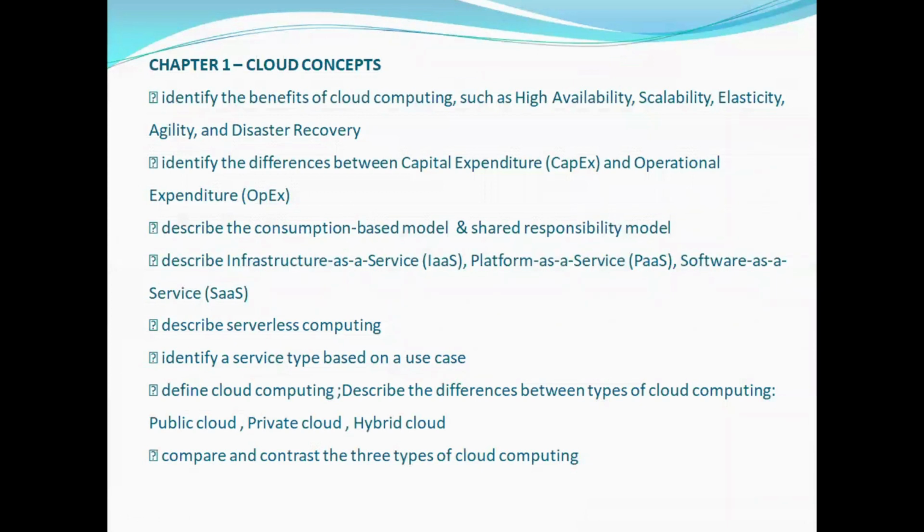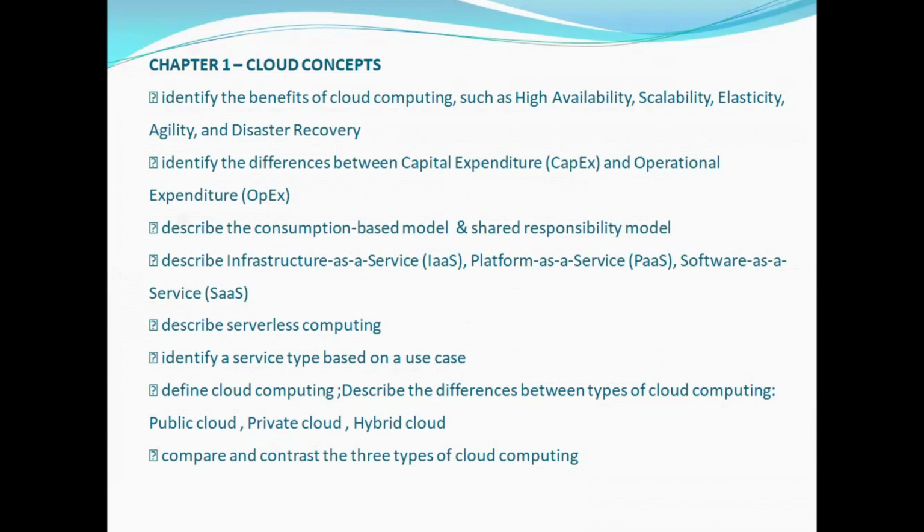So what we have in this chapter, Cloud Concepts. The first thing is the benefits of cloud computing, which is high availability, scalability, elasticity, agility, and disaster recovery. And then we have the difference between two expenditure types, which is CapEx and OpEx. And then we have the consumption-based model and shared responsibility model.